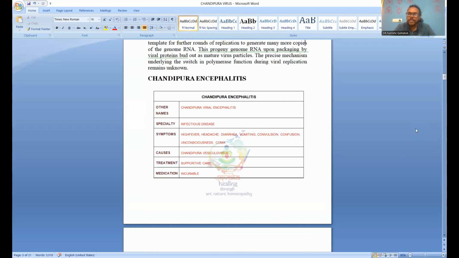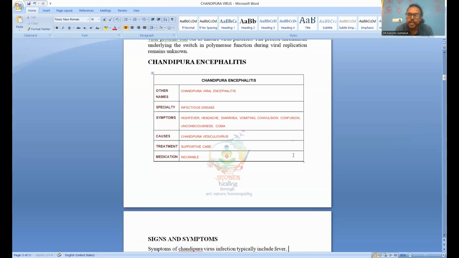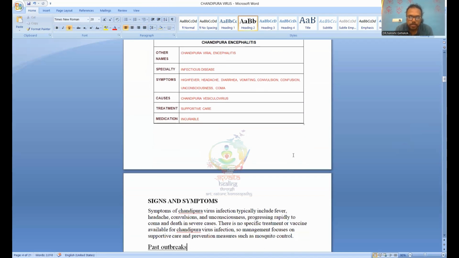After that, if meningeal inflammation occurs, there comes irritation, confusion, convulsion, etc. And if the infection ends up in encephalitis, the patient suffers from unconsciousness and coma. And further, if it progresses, it can turn fatal.